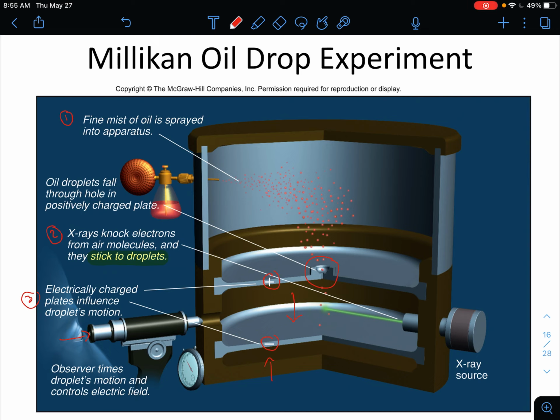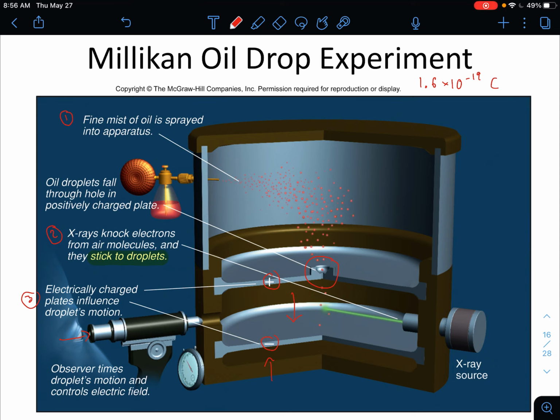He comes up with a number of 1.6 times 10 to the negative 19 coulombs, which is the unit of charge in the SI system, really the main unit of charge we always talk about. And so either it's an incredible coincidence or that's the smallest unit of charge that's possible, meaning that's the charge on a single electron.